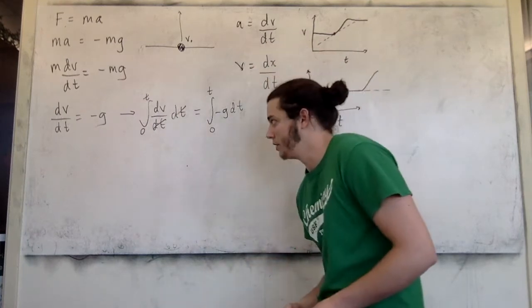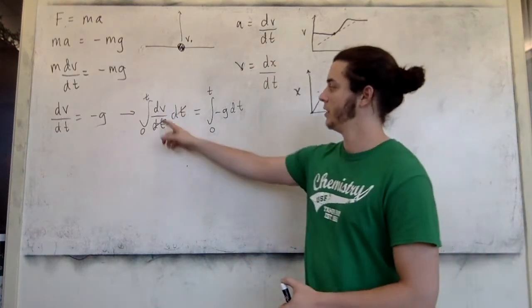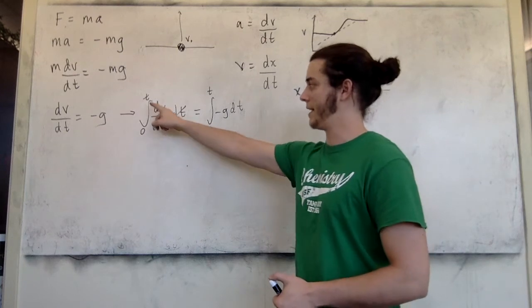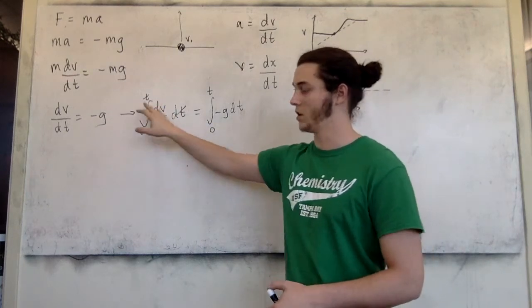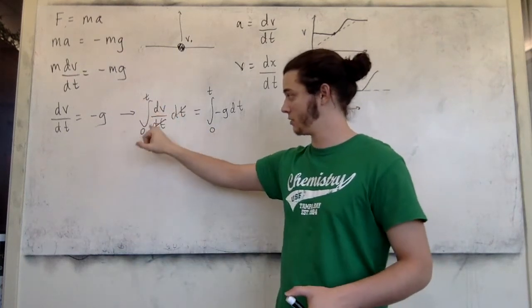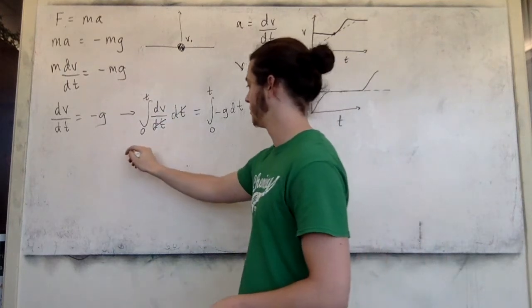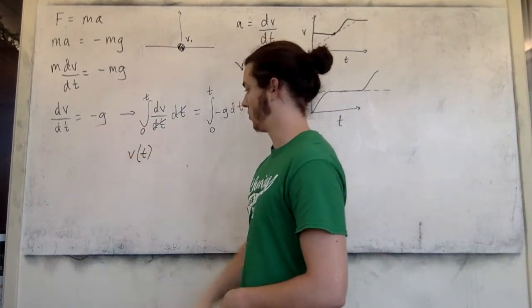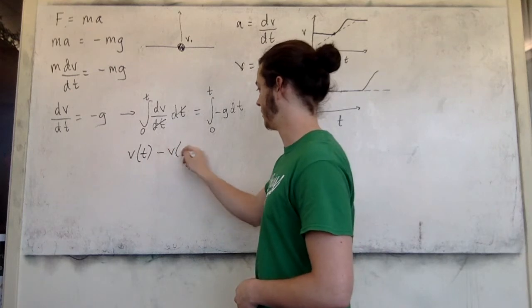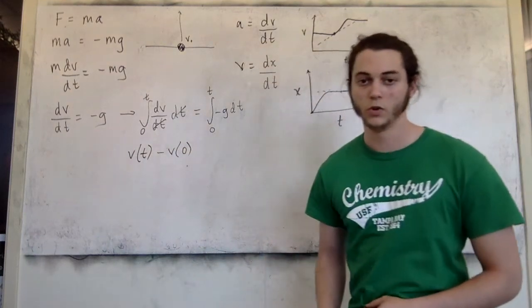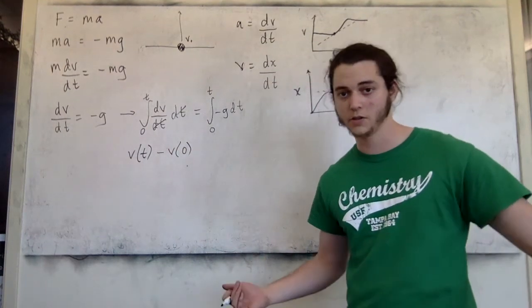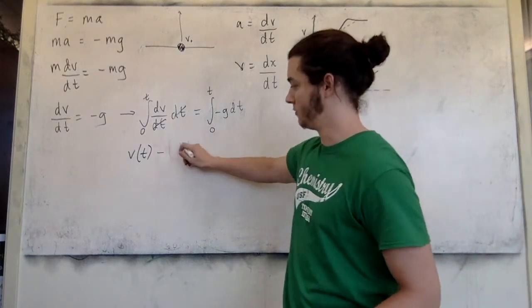And so our integral would then become simply v at t minus v at 0. So v at whatever time t minus v initially, which we can call our initial velocity, v at time 0. That's just v naught.